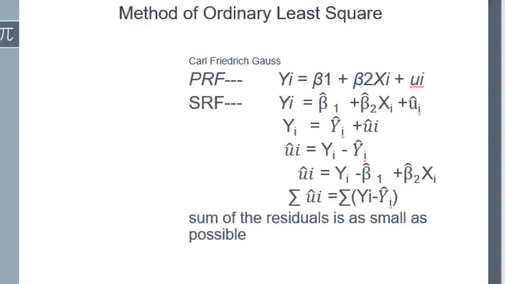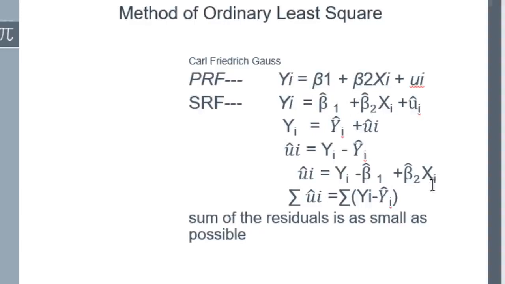And the sample regression function can be specified, as we have learned in the last class, as yi equal to beta 1 cap plus beta 2 cap xi plus ui cap. That is, this cap shows the estimated values, or we can specify it as yi equal to yi cap plus ui cap, where yi cap is beta 1 cap plus beta 2 cap xi.